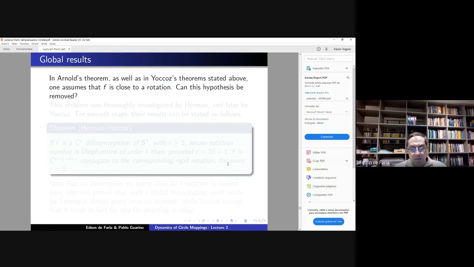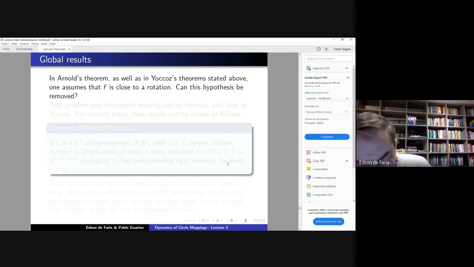I should tell the story a little bit better, right? Arnold proved his theorem in the analytic category. Now the KAM theorem was later proved in the smooth category, for C infinity or C^k maps.